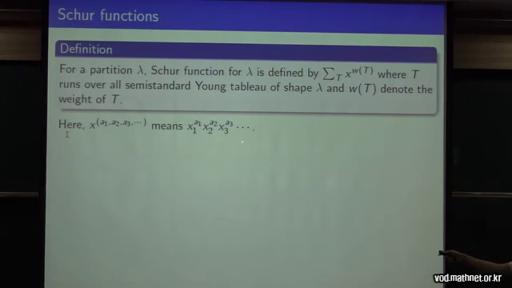That gives you some monomial, and if you sum over all possible semi-standard Young tableaux, it turns out that is symmetric, and it has a lot of applications in other areas.